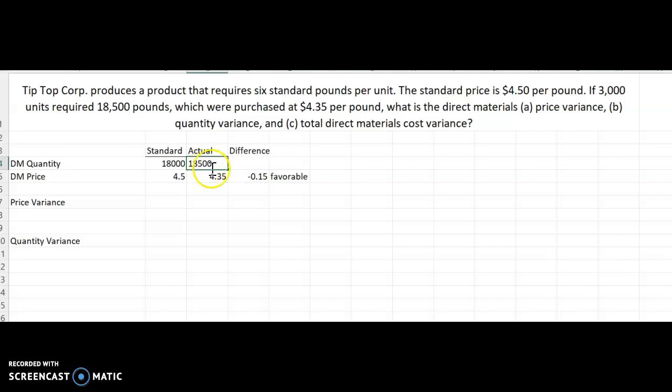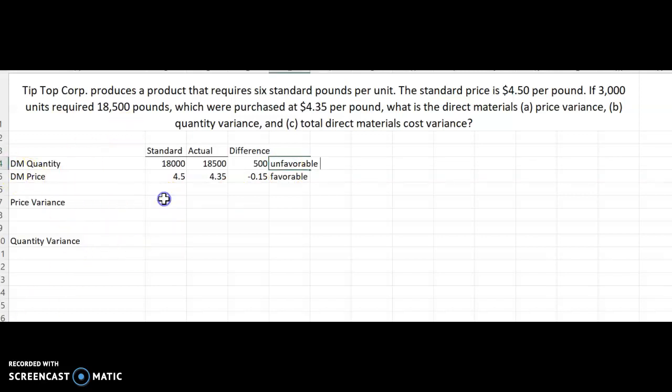So in this situation, I used more than I expected. So this would be an unfavorable variance. So now let's just do our formula.